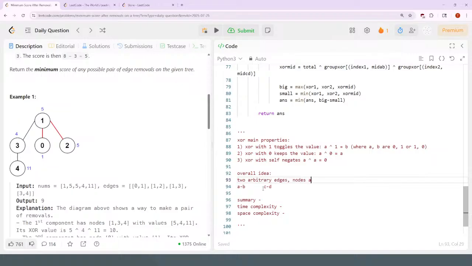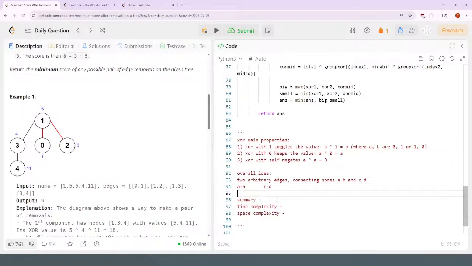In theory, one of the nodes could be the same as one of the other nodes, like B could be C or A could be D. But let's go with that for now.